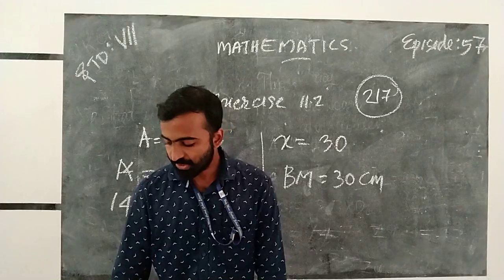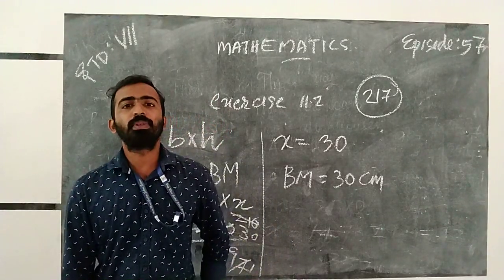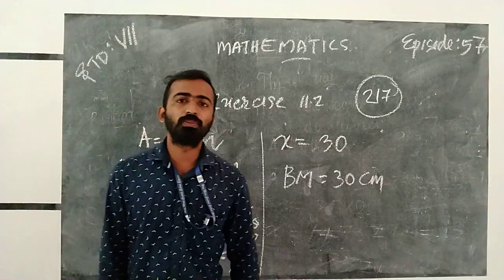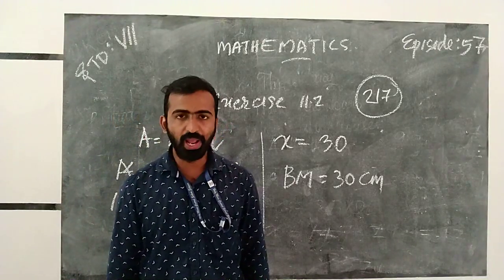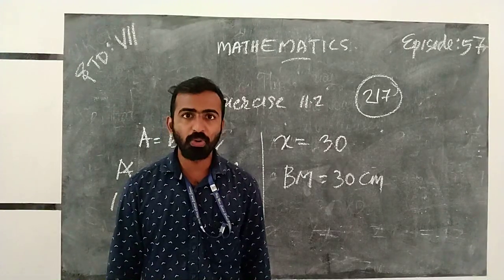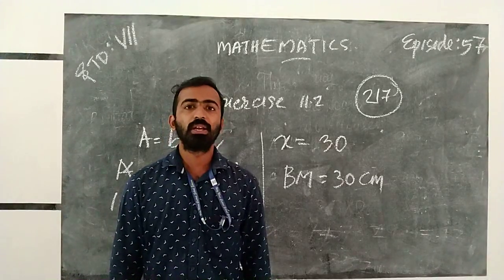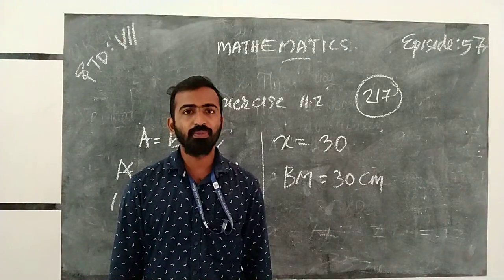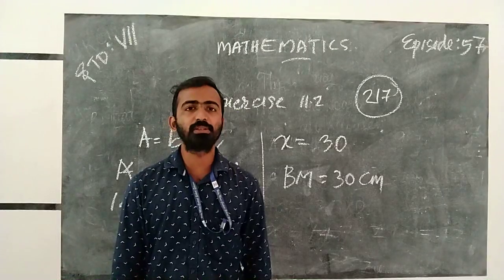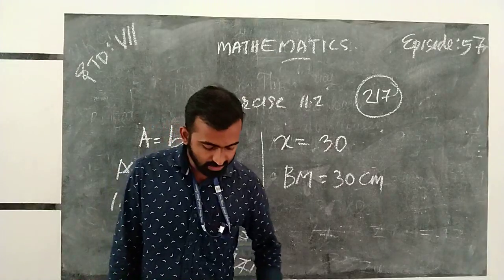Next we studied the area of the parallelogram, equal to b into h, base into corresponding height, and area of the triangle is base into height, then we divide by 2, that is 1 by 2 into b into h.